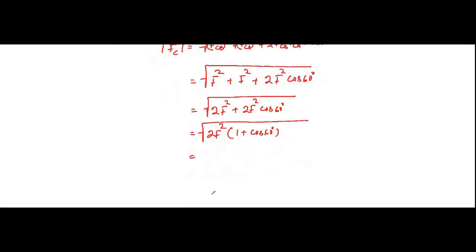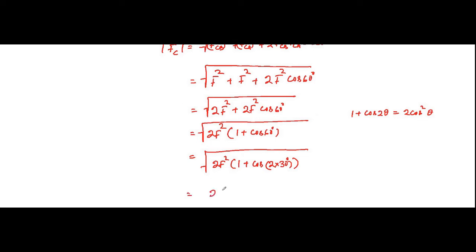We can express it as root over 2F square into 1 plus cos 2 into 30 degree, that is 1 plus cos 2 theta. Now you know 1 plus cos 2 theta is equal to 2 cos square theta, so we'll be using that.